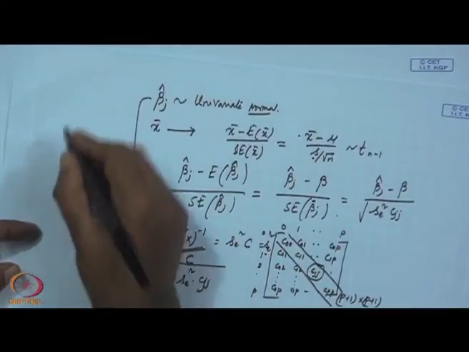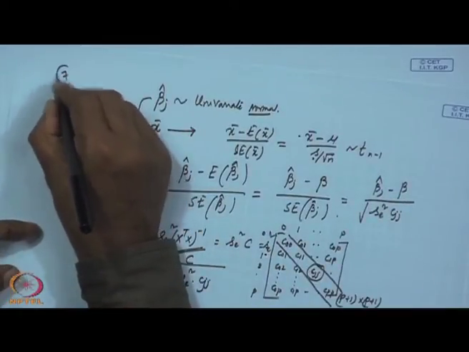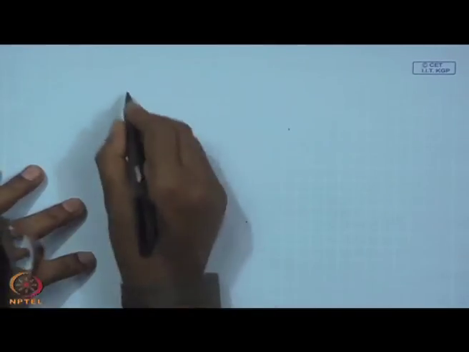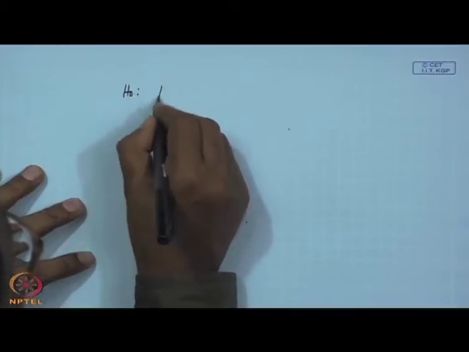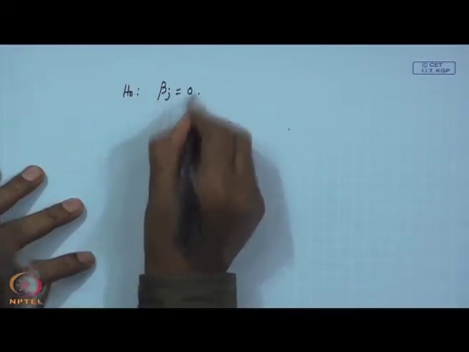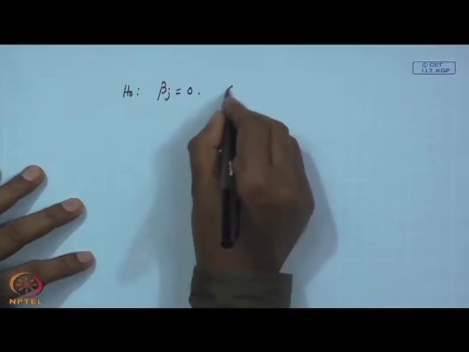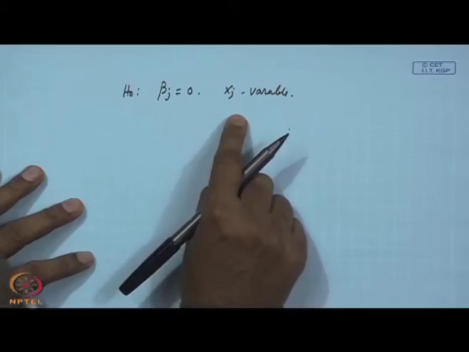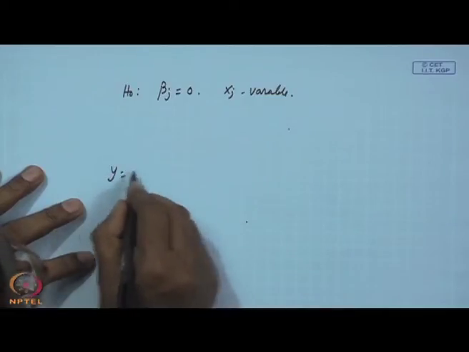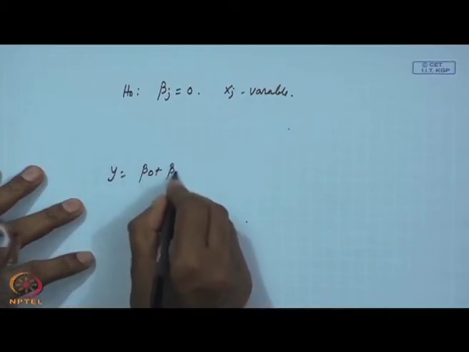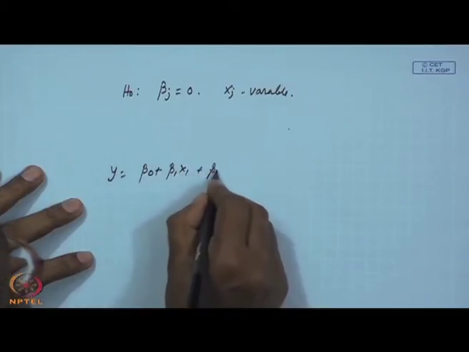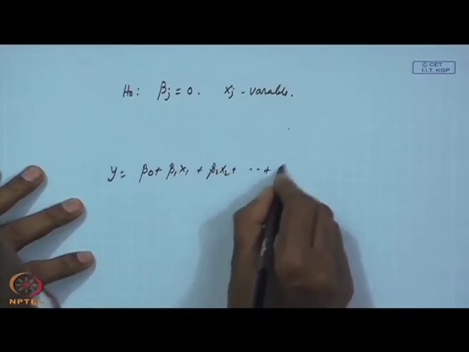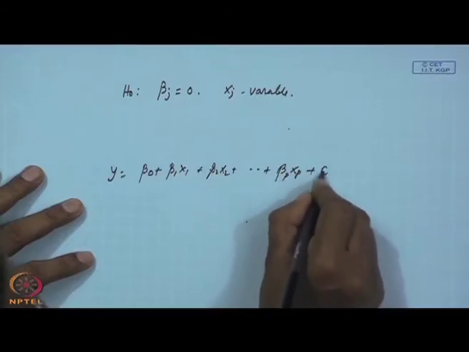Okay. Now, under the assumption of null hypothesis H0, that beta j equals 0, our null hypothesis is that there is no effect of the xj variable. Now, what do you mean? Our regression equation is beta 0 plus beta 1 x1 plus beta 2 x2 dot dot dot plus beta p xp plus epsilon.